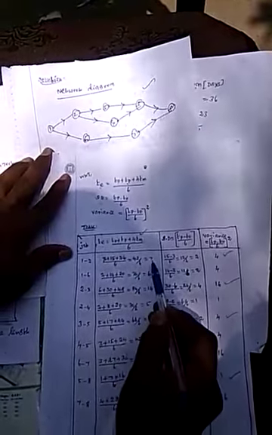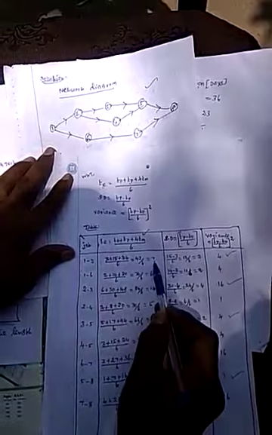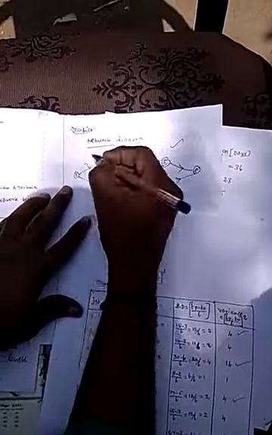So now the diagram. For 1 to 2, the expected duration is 7. Put this value in the network diagram.